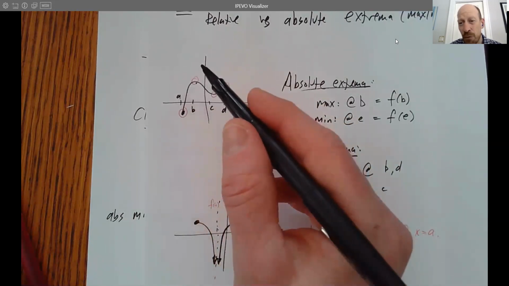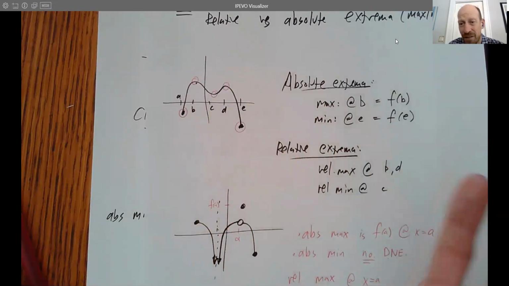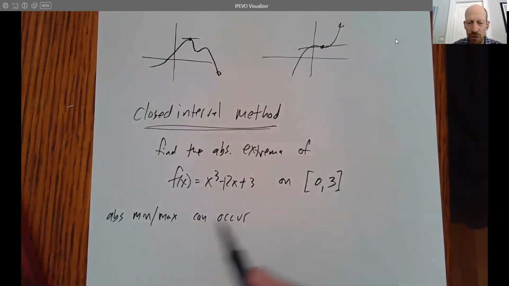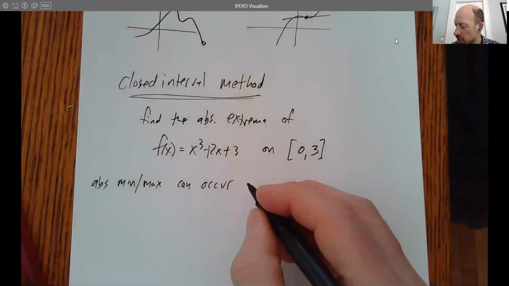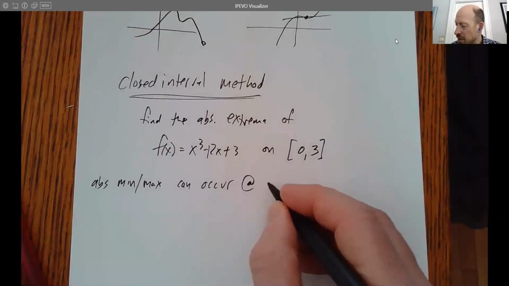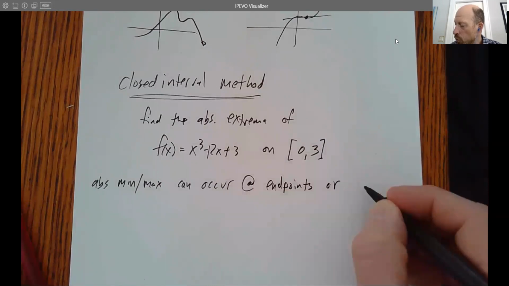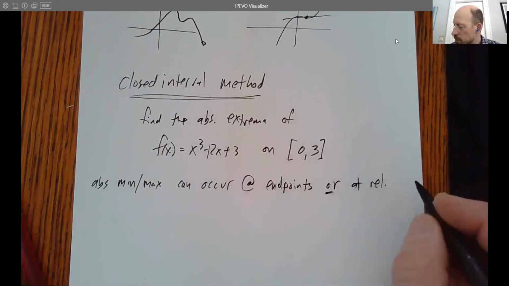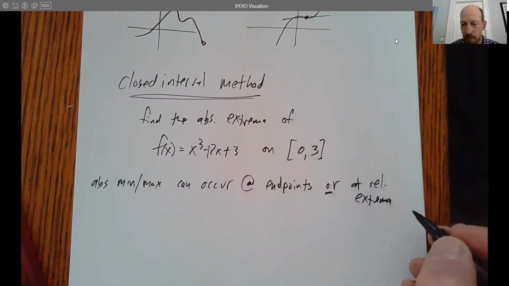Because if it's not an endpoint, then we can compare it to both sides, and if it's an absolute max, it's by definition also a relative max. So an absolute max or min can really only occur at two types of places. It can occur at the endpoints, or at relative extrema.